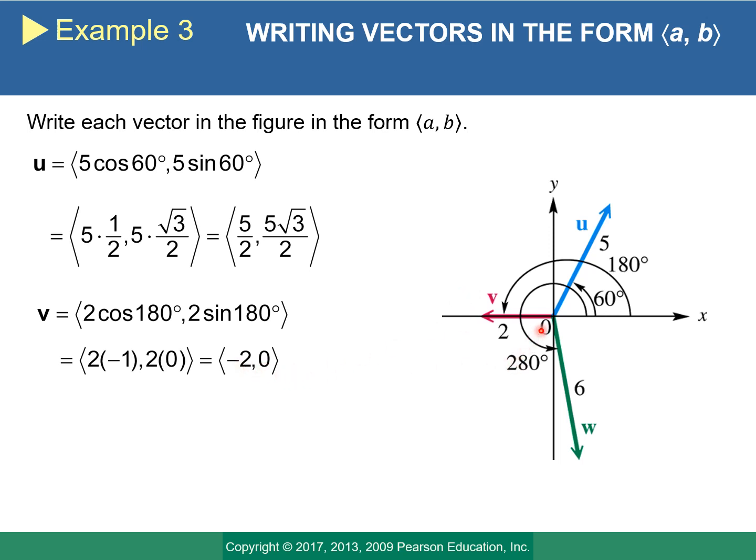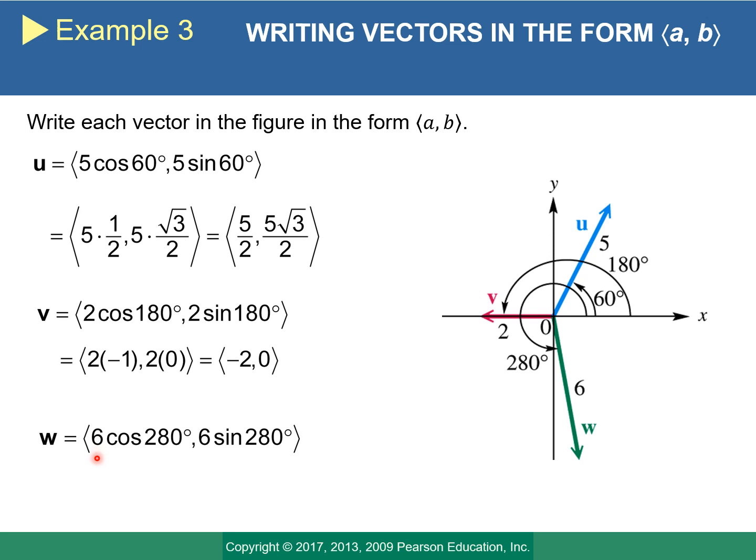Alright, our last vector here for figuring out the form of it is green, vector w. The magnitude is 6, and the angle here is 280 degrees. So same thing we've been doing, we're going to fill in our 2 components, vertical and horizontal.